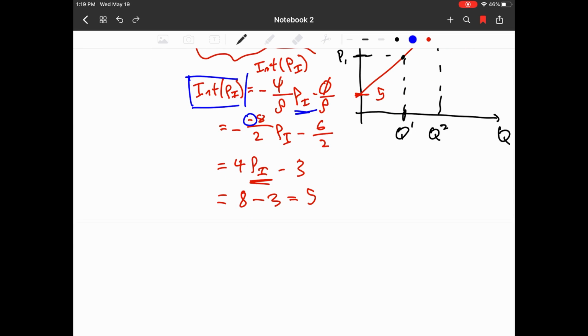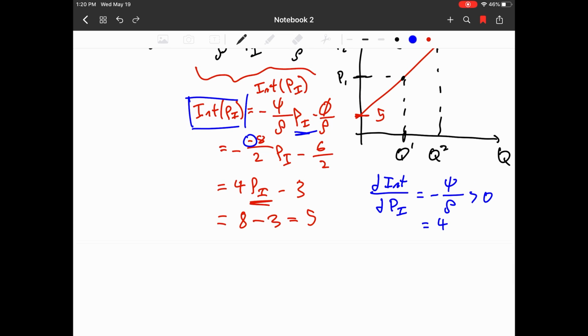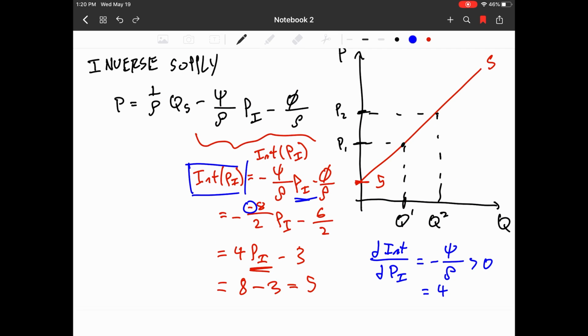So just taking the derivative of the intercept with respect to pi, that comes out to be negative phi over rho, which, given our parameter values, is positive. In fact, it's exactly equal to 4. Okay. So we know when pi goes up, then our intercept is going to go up.